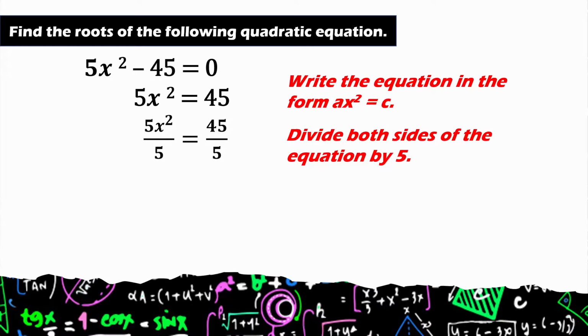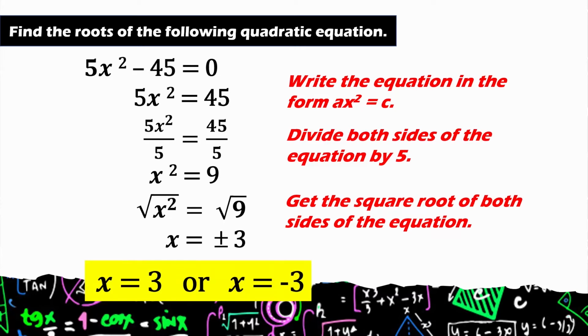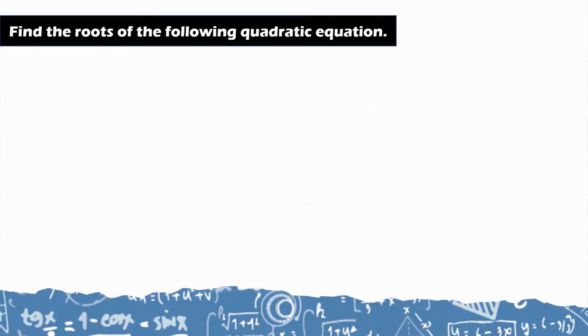And then extracting the square root of both sides of the equation will give us x equals positive or negative 3. Therefore, the roots of the quadratic equation 5x squared minus 45 equals 0 are x equals 3 or x equals negative 3.